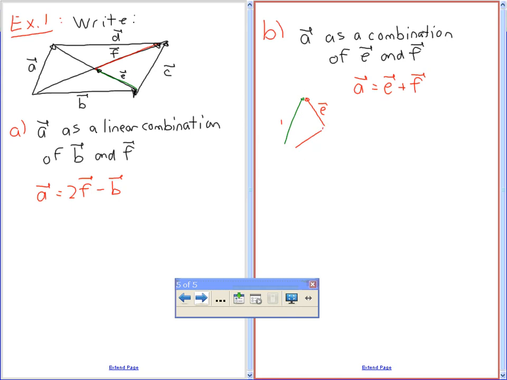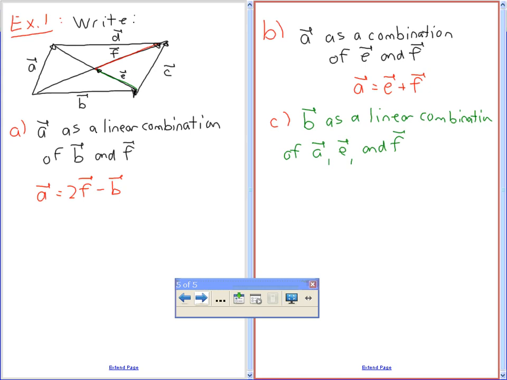Here we go, letter C. I want you to write vector B as a linear combination of A, E, and F. Vector B is a combination of A, E, and F. There are many different ways you can get this.